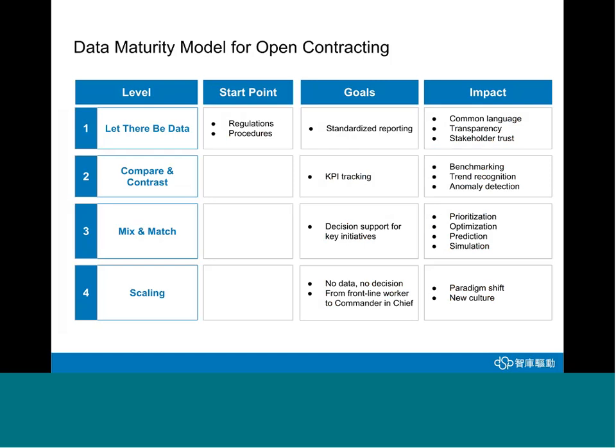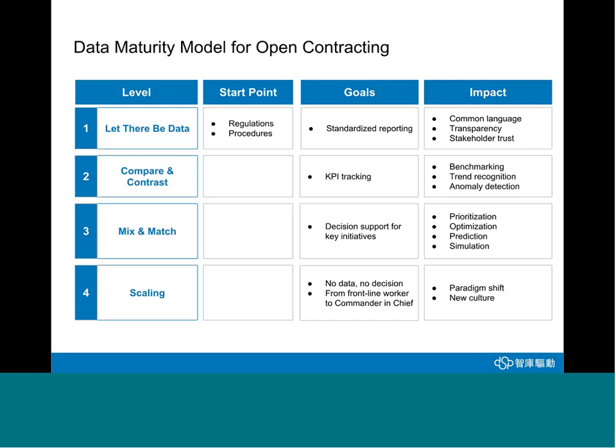So where should this level start? Of course, it must have procurement regulations and procedures in place, so we can talk about creating data as a routine. The goal of this level is to have standardized reporting of procurement activities.